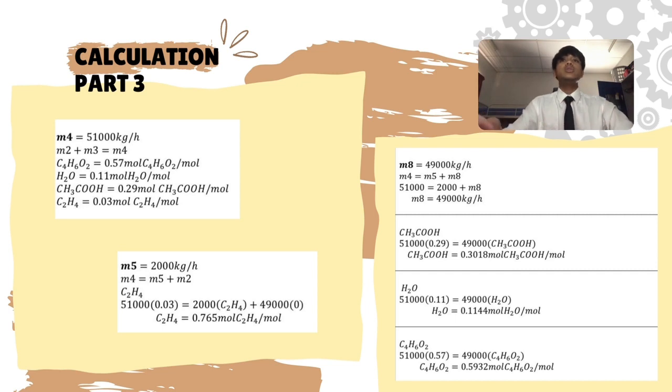As we know, at the top stream we only have ethylene, because of the low boiling point, which is 72 degrees Celsius, if I'm not wrong.